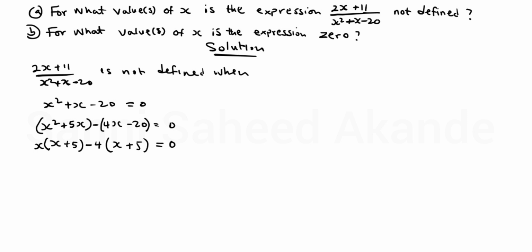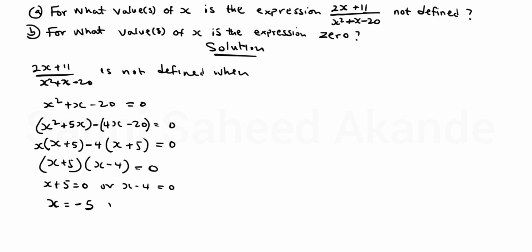So pick one out of the common factors. We have x plus 5 times x minus 4, the coefficients of the common factors, equal to 0. When you solve this further, you have x plus 5 is equal to 0 or x minus 4 is equal to 0. And finally you have x is equal to minus 5 or x is equal to 4.